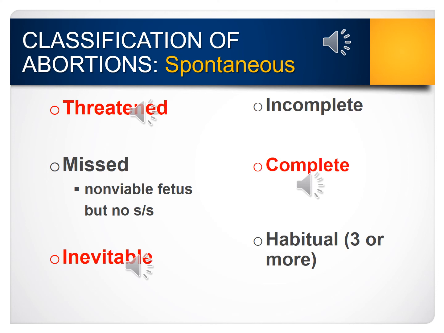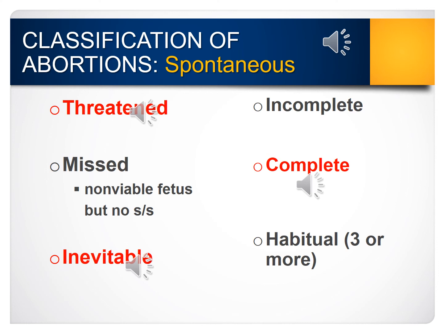And so if a woman is presenting and we think she has a threatened AB, we would first draw a baseline HCG, have her repeat that in a couple of days, and we should see those numbers doubling. If the numbers are going down, then we've moved from threatened AB to an inevitable AB. So a threatened AB, again, may or may not lead to pregnancy loss, but there's some bleeding that could threaten the pregnancy.